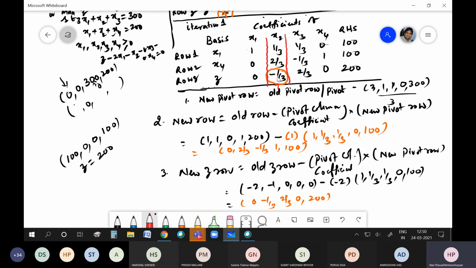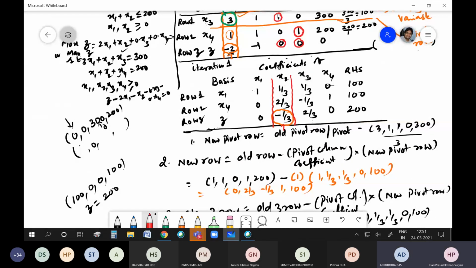So now what will be the departing variable, the leaving variable? I have to take the ratio again, using the positive values in the pivotal column. 100 divided by 1 by 3 equals 300.